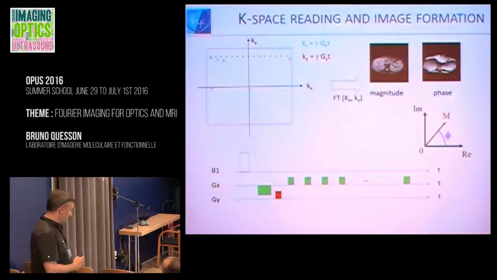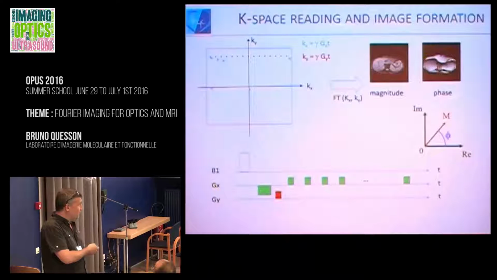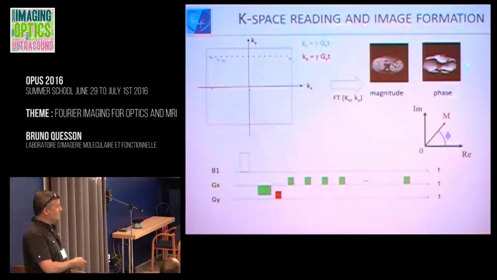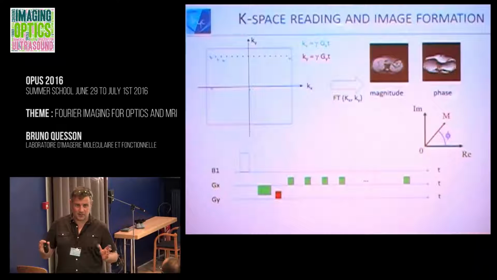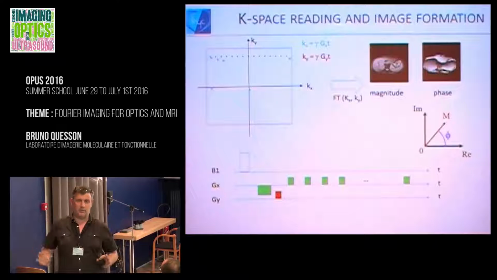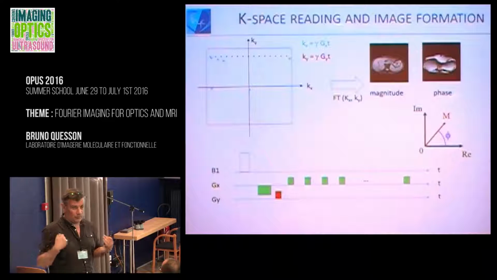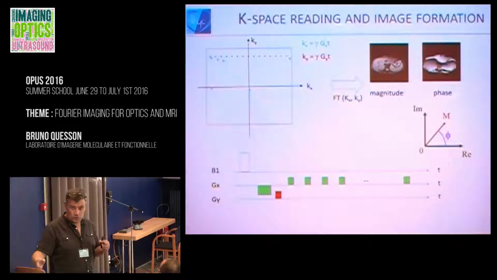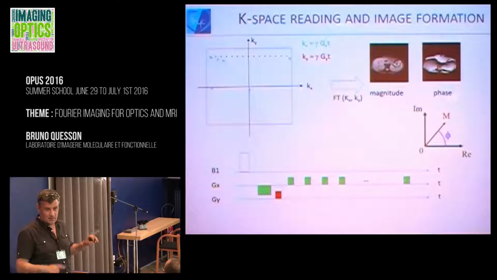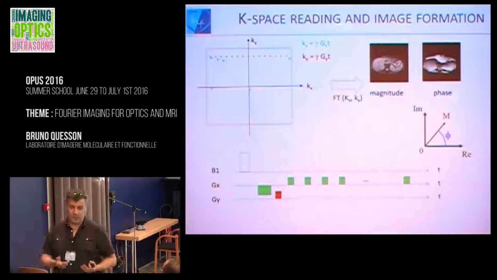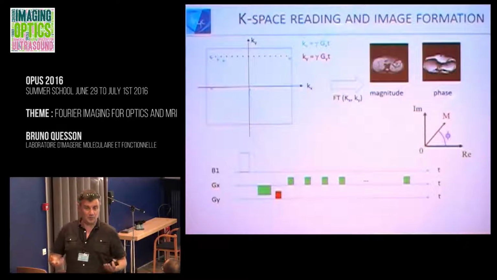From magnitude, I can see the contrast of the material. On the phase, there are plenty of things. If you have an ideal magnet with exactly the same value of the magnetic field everywhere, normally when you bring all the magnetization from the left to the right in the transverse plane, they should oscillate at exactly the same frequency. The problem is that when you put a human body inside a static magnetic field, it's going to distort this magnetic field a bit.